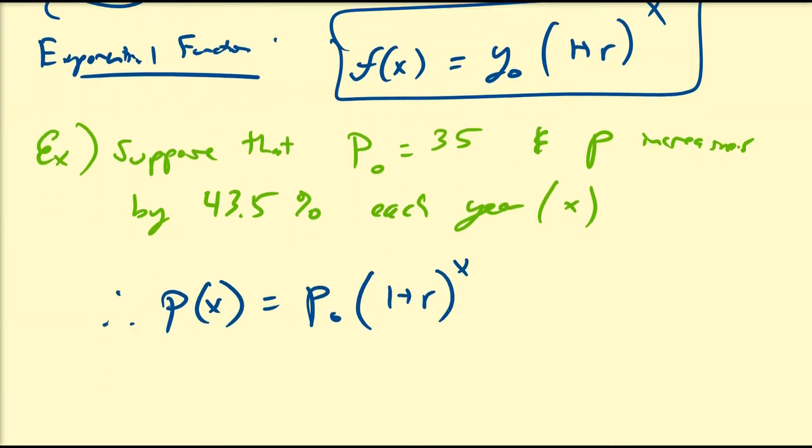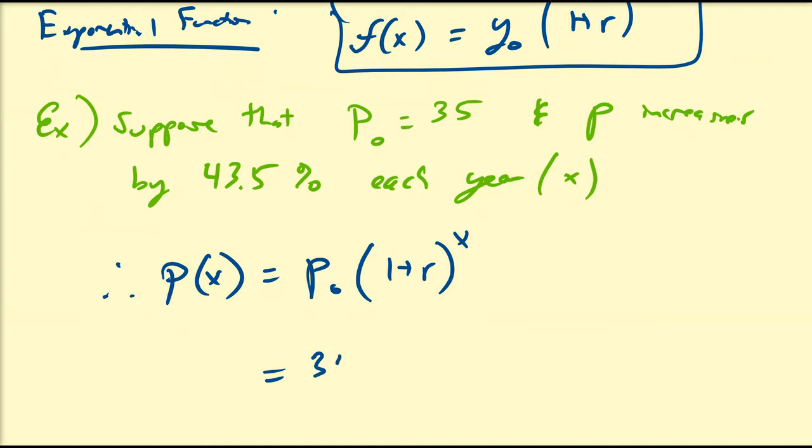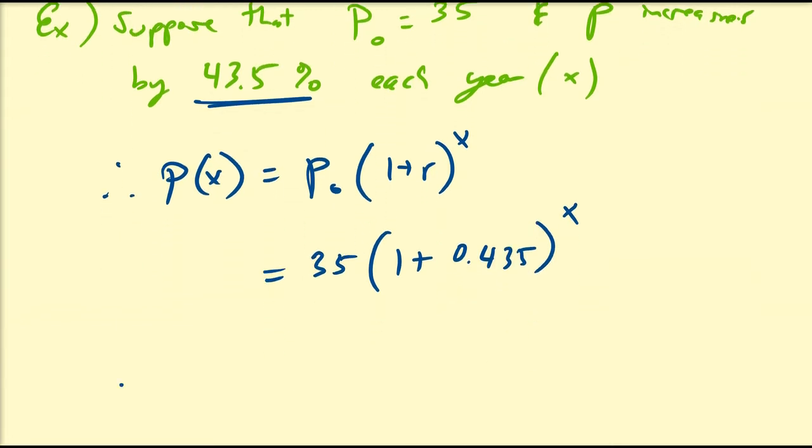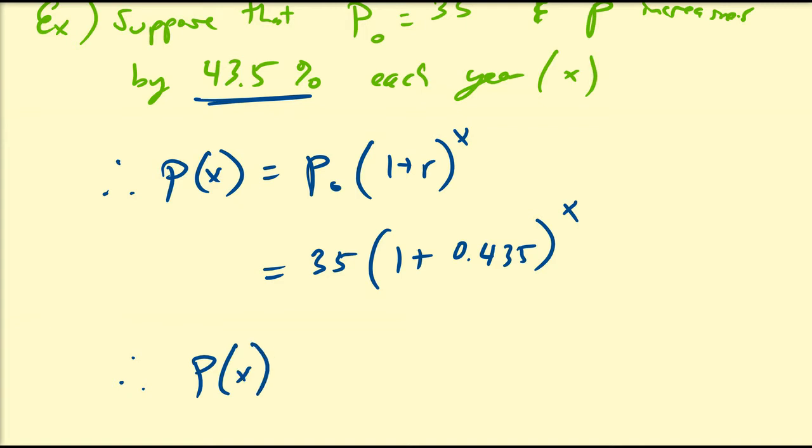That's the general structure. So that's going to be equal to 35 as the initial, times 1 plus 0.435, to the power of x. So therefore my model for population growth is going to be 35 times 1.435 to the power of x.